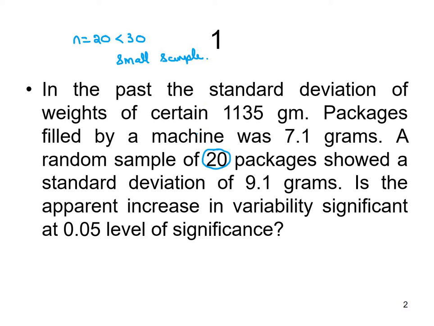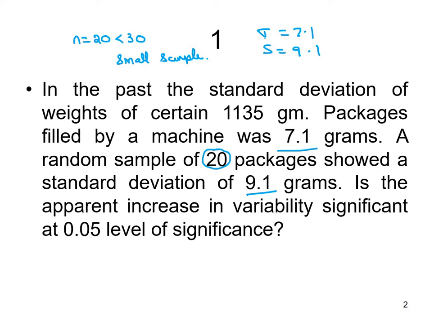And then what we are going to check: for 1135 grams package, the standard deviation is 7.1. So it is the sigma, the population standard deviation is 7.1, and it is given the standard deviation of the sample S is equal to 9.1.